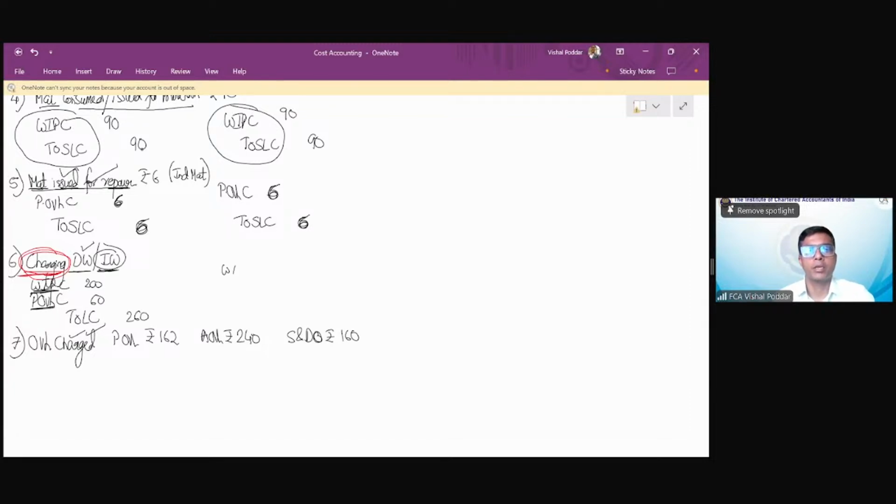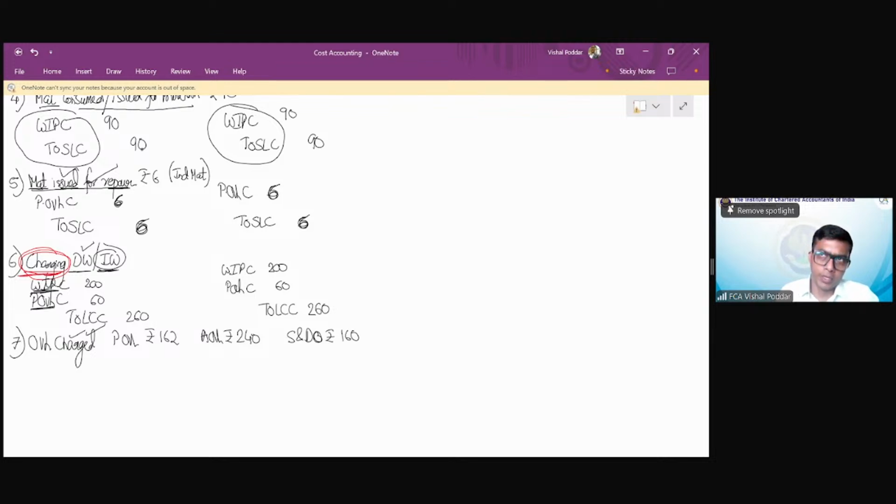Same thing if it is in non-integrated also. So direct wages, indirect wages to LCC. Again, the entries are same. Why they are same?